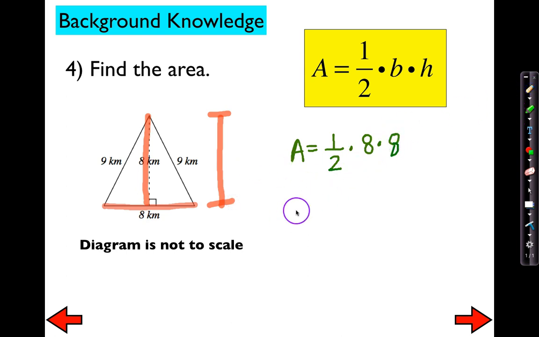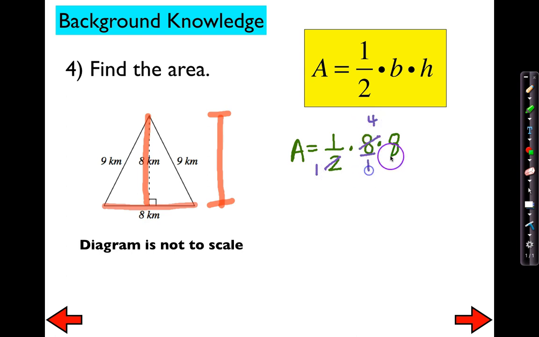Now some of you may want to just multiply across and say it's 1/2 times 8 times 8, which is 64. But I'm going to suggest something instead: why don't you cross cancel? For example, I notice a 2 and an 8 have a 2 in common. So I'm going to cross cancel and say 2 divided by 2 is 1, and 8 divided by 2 becomes a 4.